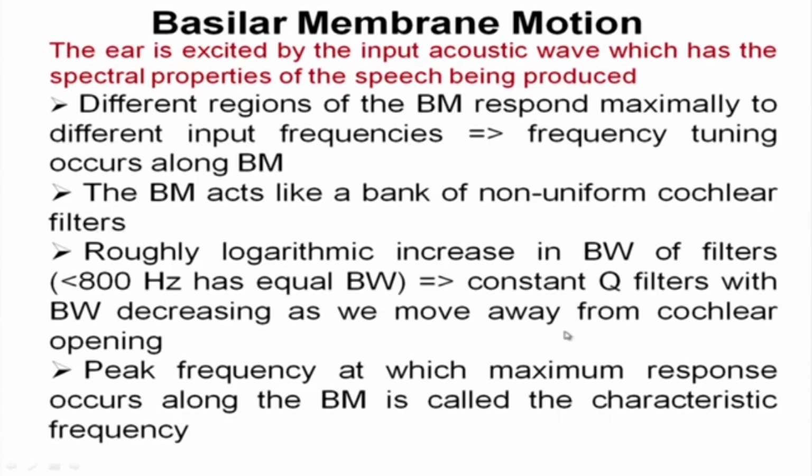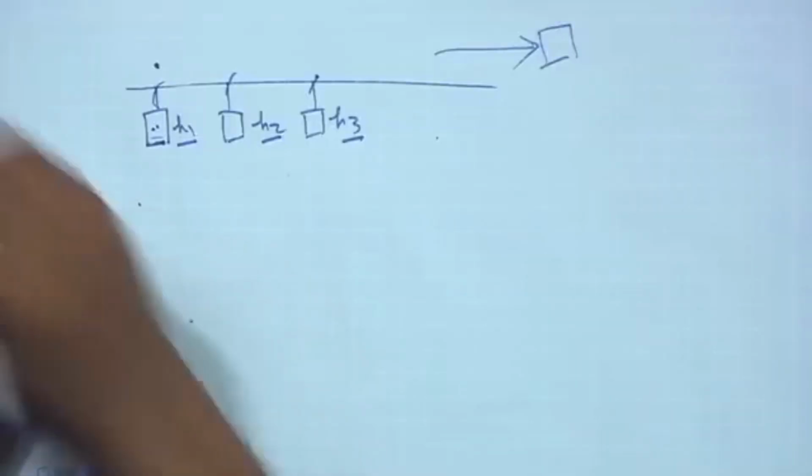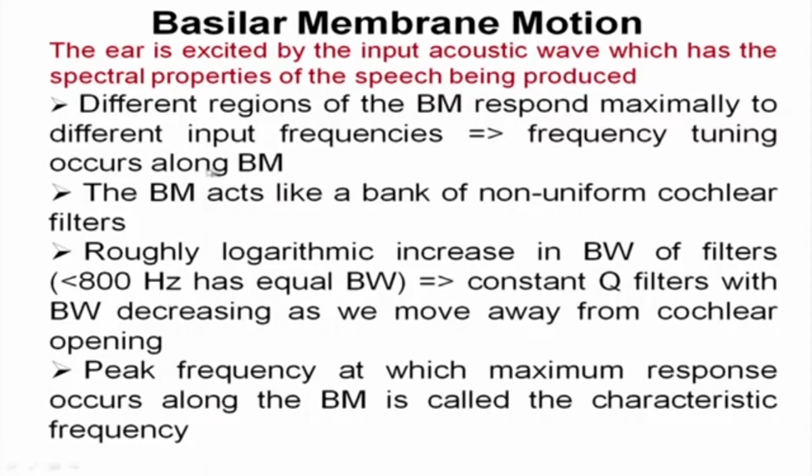Now we know how a human being perceives sound, and how the human basilar membrane converts mechanical motion to neural motion. Thinking in an engineering model, the basilar membrane responds maximally to different input frequencies; tuning occurs at the basilar membrane.